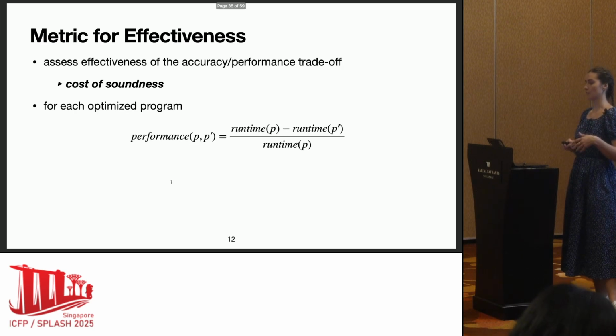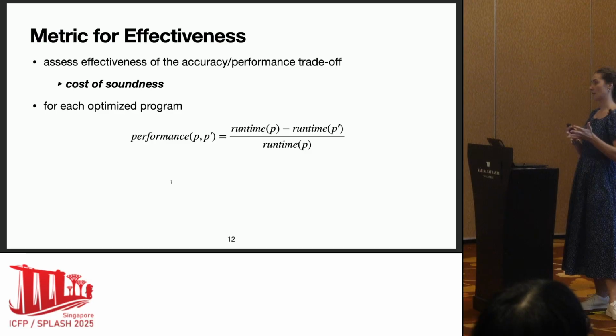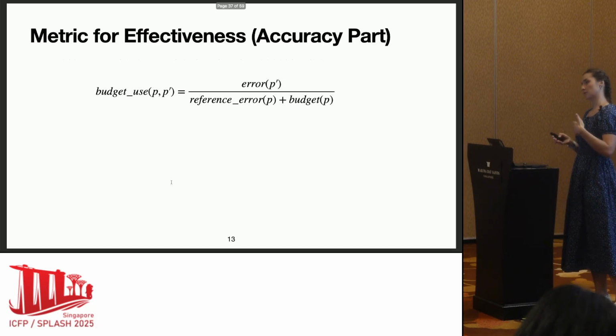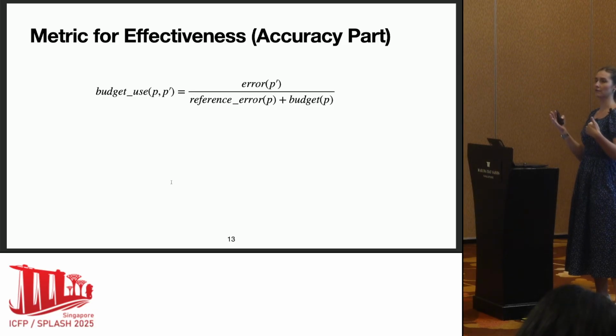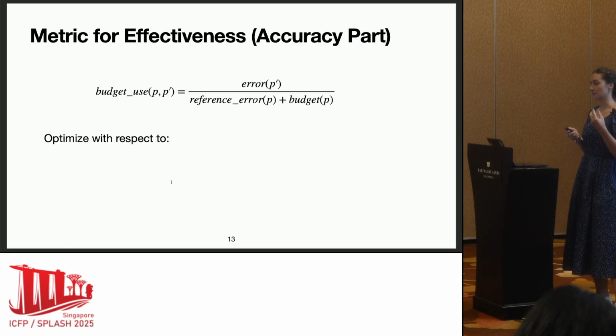For each optimized program, we first evaluate the performance improvement in terms of speedup in running time of the optimized program P prime compared to the original high precision program P. For accuracy, it was a little bit more tricky because just comparing the difference of the accuracy, the increase of the error, is not meaningful because it varies a lot across different benchmarks. And additionally, conceptually, these 2 different groups of tools optimize with respect to different reference implementations.